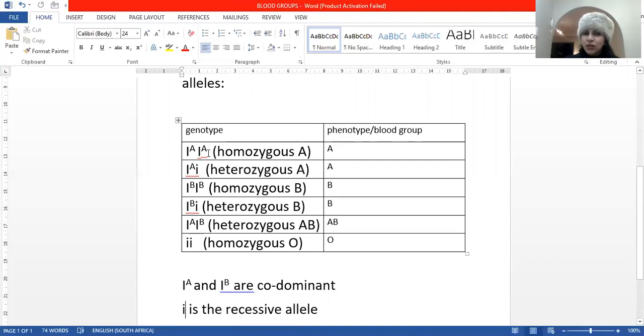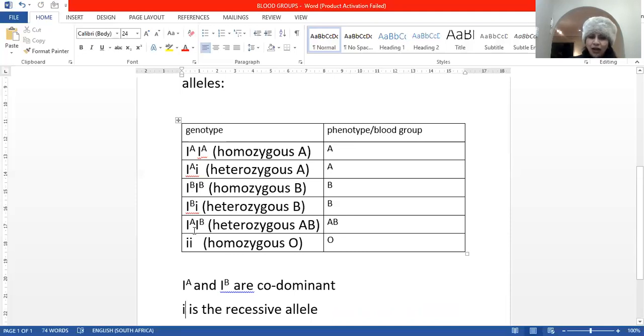If you are I^A I^A, in words you'd be homozygous A, but that is how you draw your genotype. In words, I^A i you'd be heterozygous A, meaning you've got two different alleles. The same would be in blood group B. You could be homozygous B, having two identical alleles, or heterozygous B, having two different alleles.